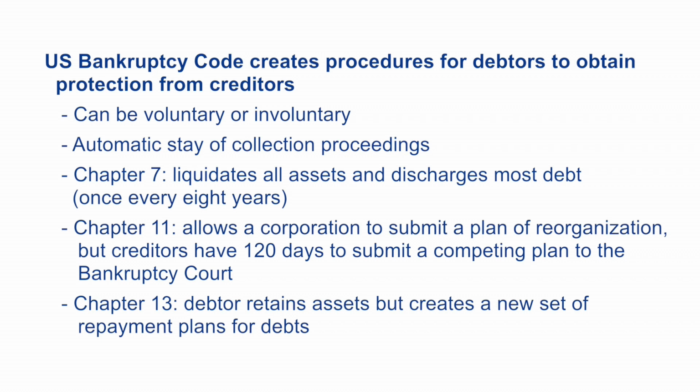And the idea of the Bankruptcy Code is to have procedures for debtors to get protected from creditors and eliminate or reduce many of the debt obligations. And many debtors actually voluntarily file for bankruptcy so that they can be protected from a creditor's collection activity.